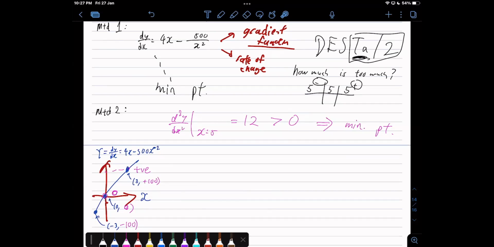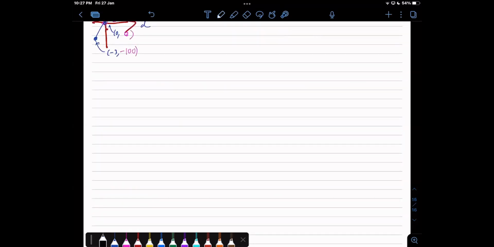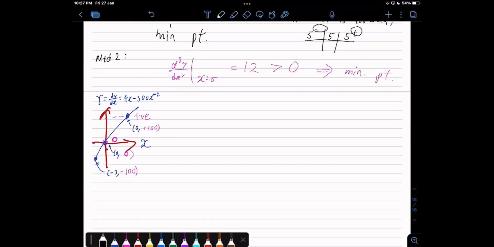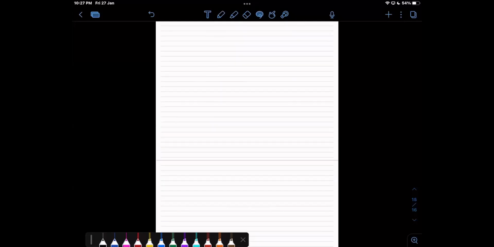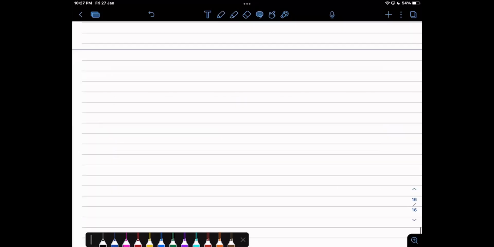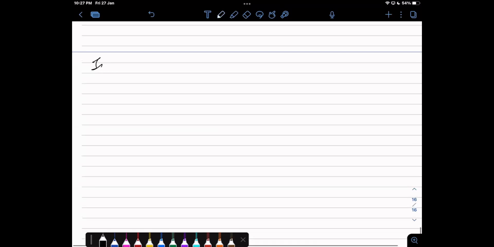Okay, cubic curve, yes. And this one, I need a new page. Okay, this one, inflection point example, because I haven't shown you inflection point examples.